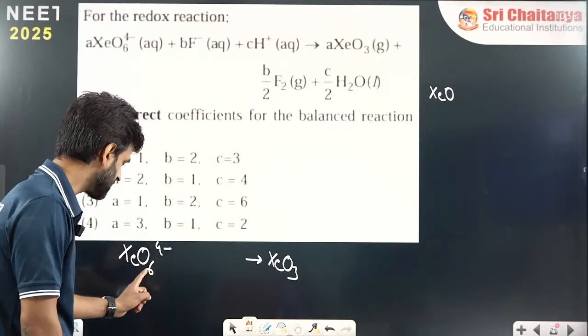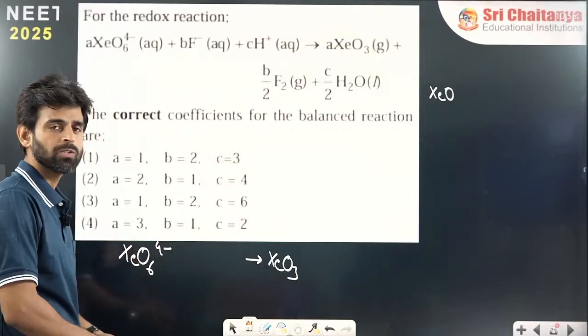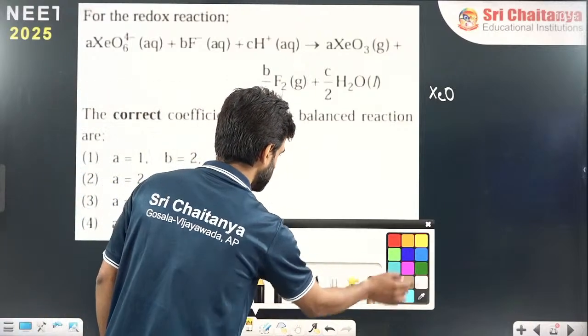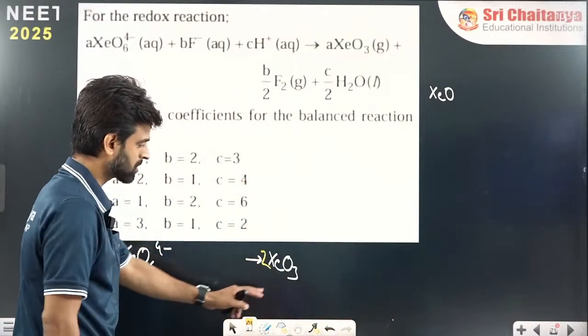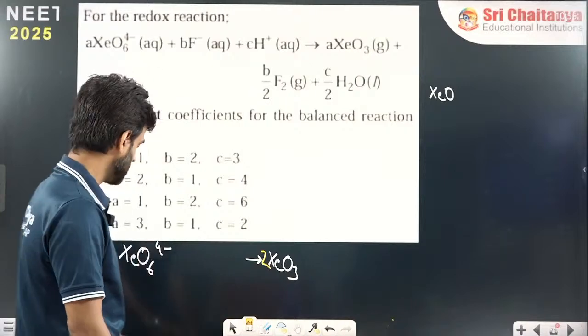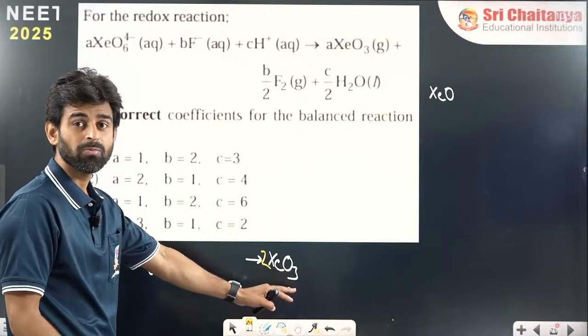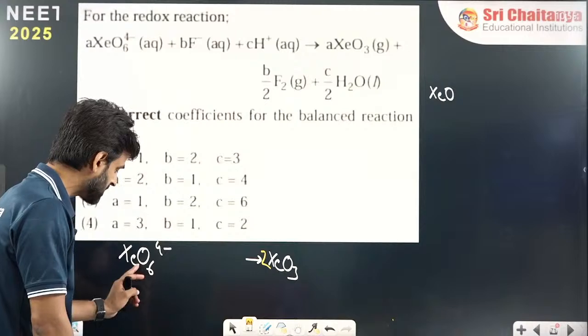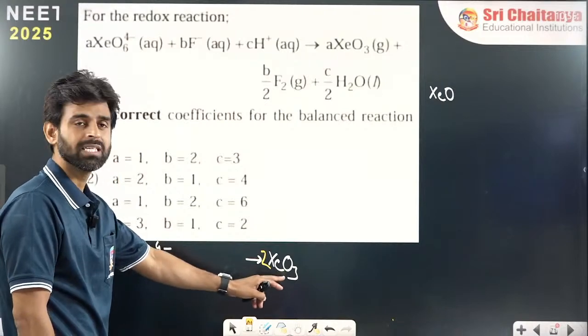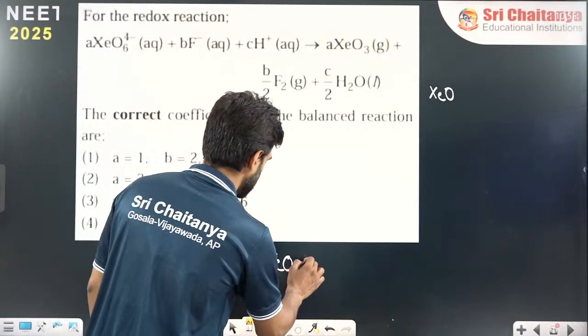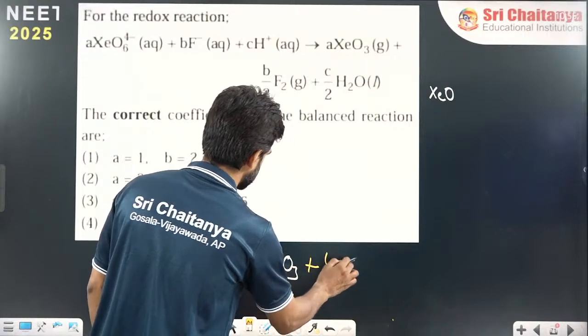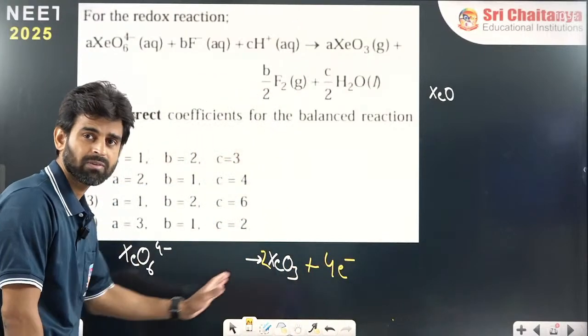What is oxygen here? 6 oxygen. How many oxygen here? 3 oxygen. So I will better use 2 here to make 6 oxygen. Done. No hydrogen, so balanced. Now balance charge. How much charge here? -4. How much charge here? 0. So I will add here 4 electrons, so that the total charge will be the same.